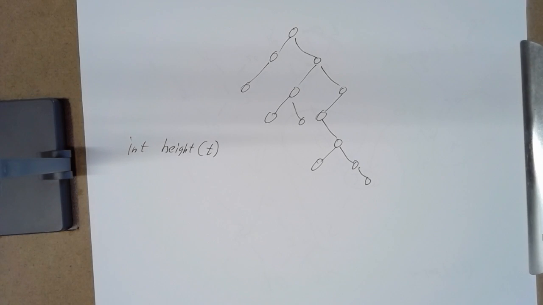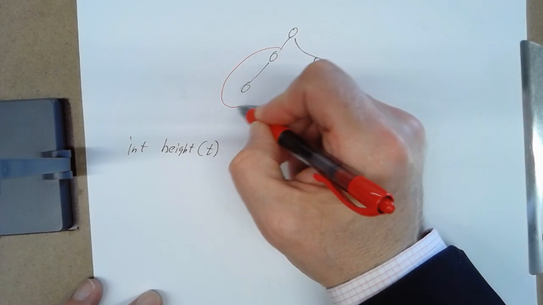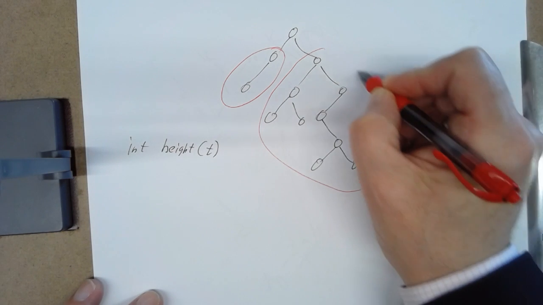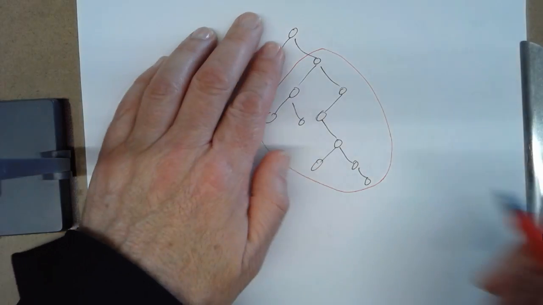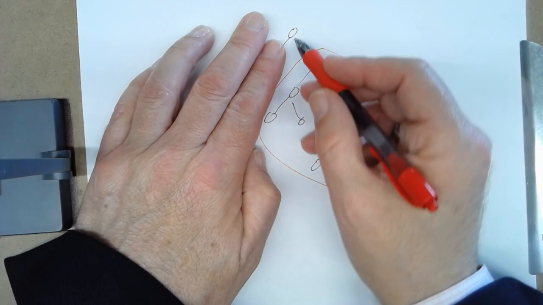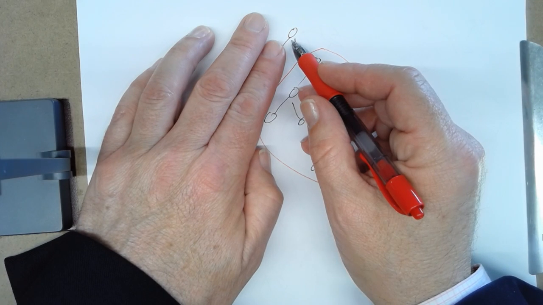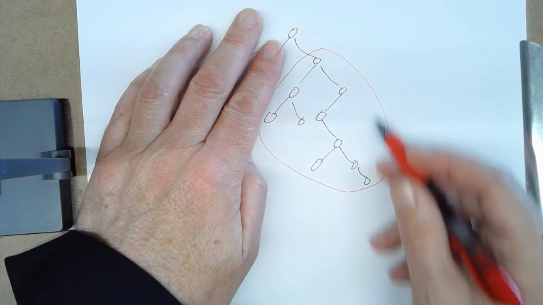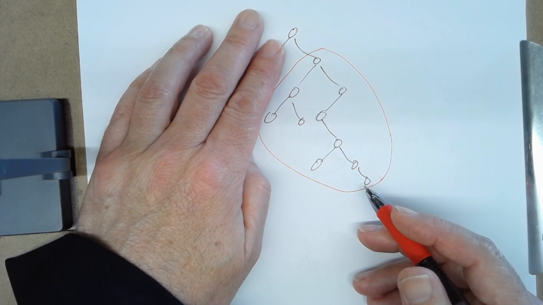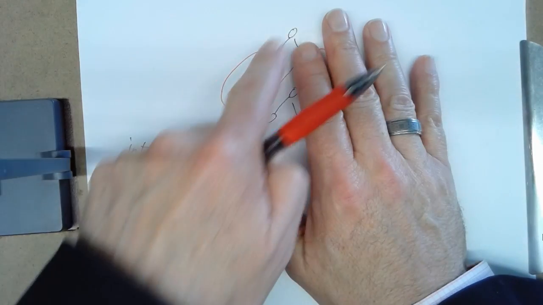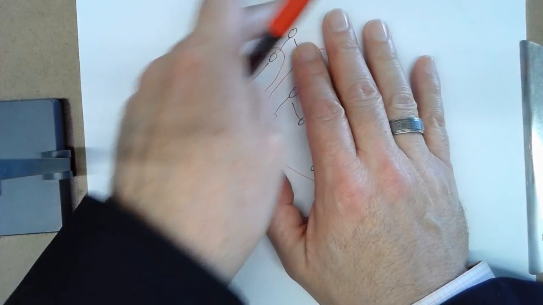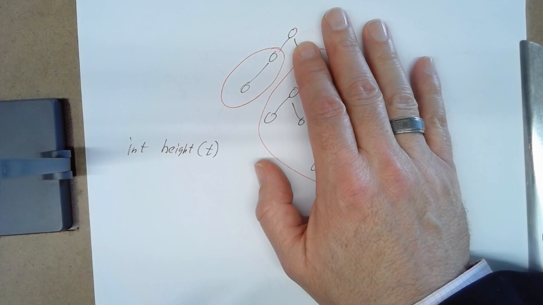Well, if you look at any tree, it's always got a left subtree and a right subtree. They could be null, or they could be a big million node collection of things. If we have this subtree with a certain height and we add a root on top of it, what's the height of that new tree compared to the height of just this subtree? It goes up by 1. And if we have the height of this tree and we add a root, the height of this new subtree is the height of the old subtree plus 1.